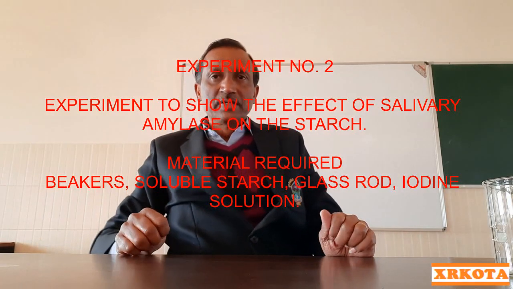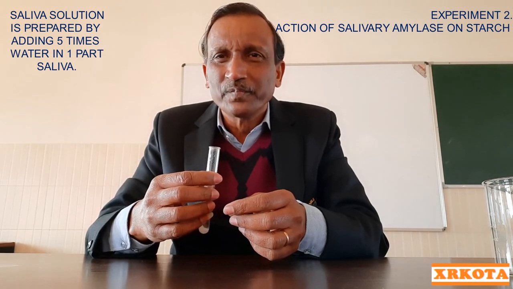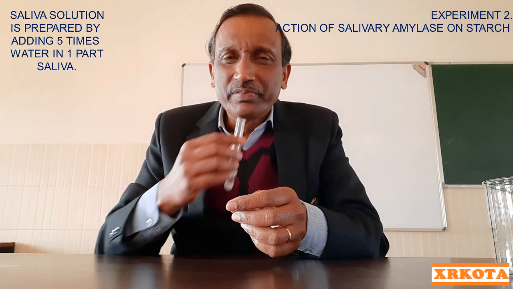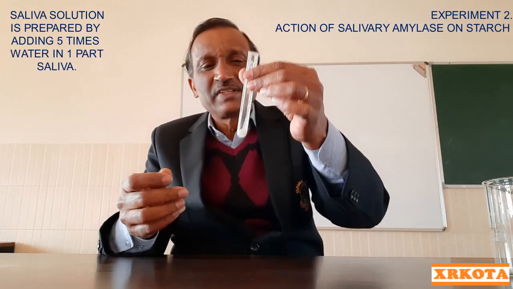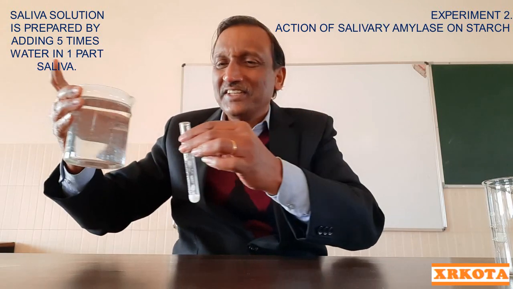Now we have to prepare the saliva solution. For that we roll our tongue on the upper palate, so it will produce saliva in your mouth. It is a little bit of a dirty job, but a test is a test.